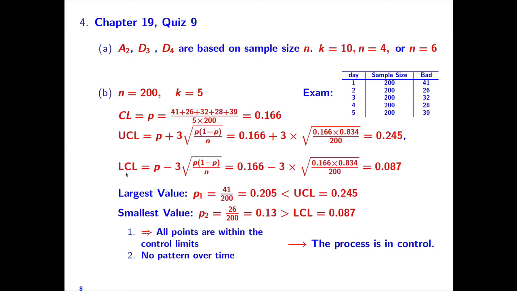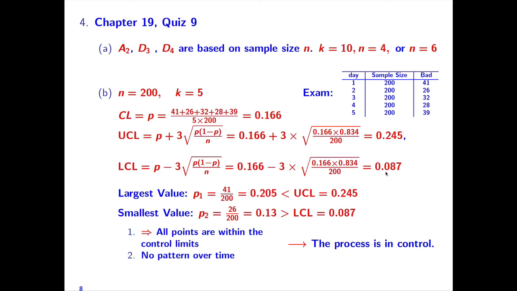And the lower control limit is p minus 3 times the square root of p times 1 minus p over n, which is 0.166 minus 3 times the square root of 0.166 times 0.834 over 200. That will give you 0.087.